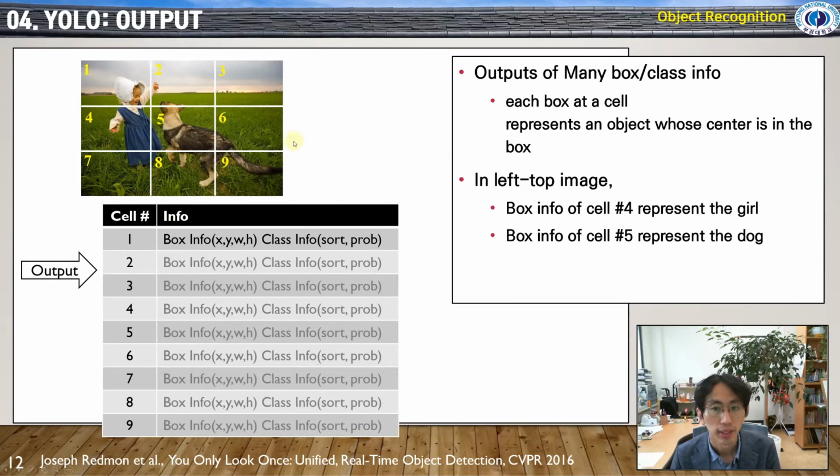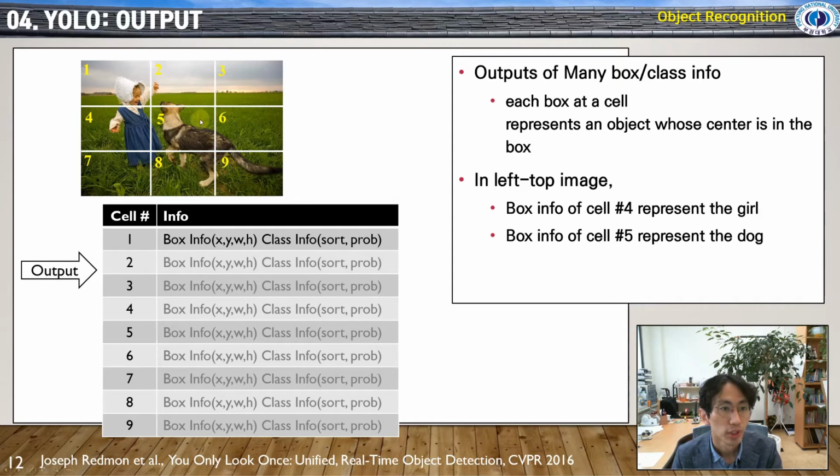Okay, and each cell has an output of box information and class information. You may understand that we divided this one image into 9 cells, and each cell may have one output of box information.